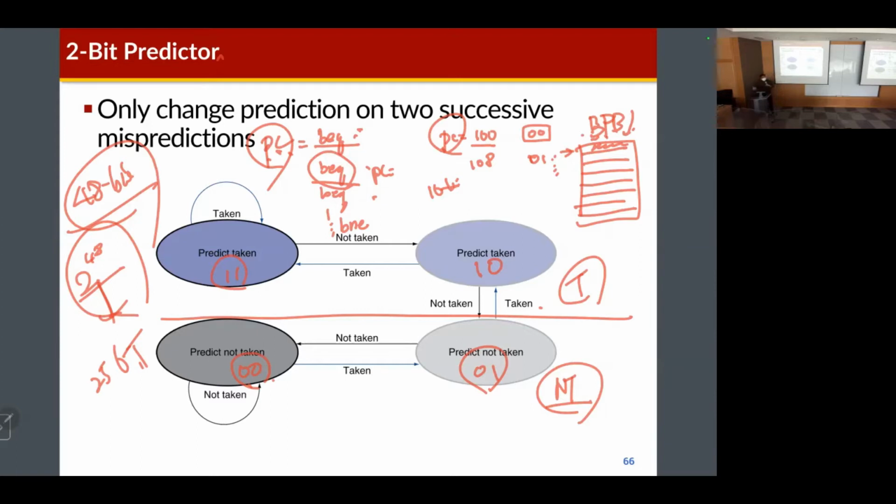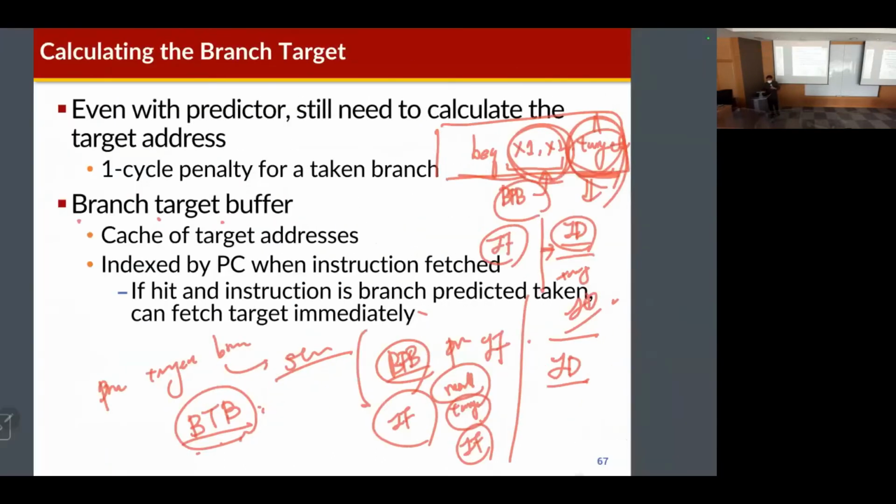If the prediction hit rate is very high, then we can apply prediction techniques, and with these techniques we can improve the performance of the processors. Okay, it's a very good architectural technology.